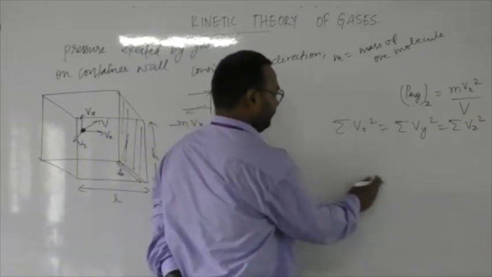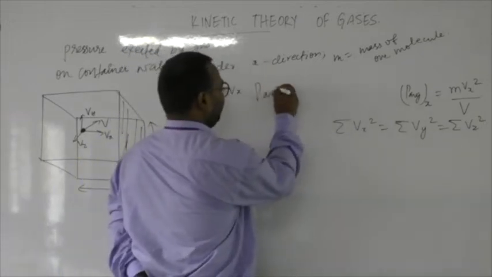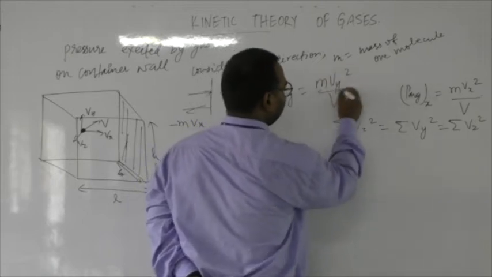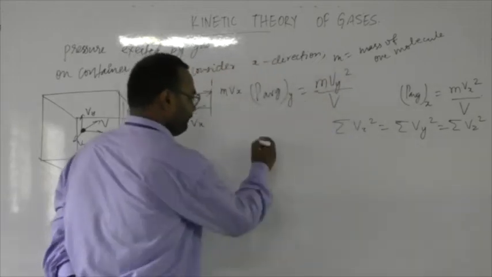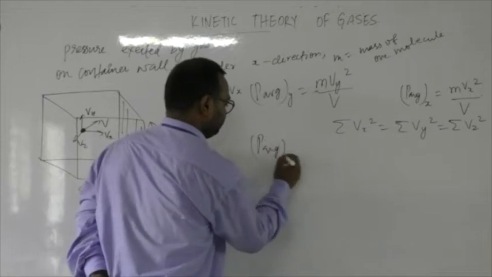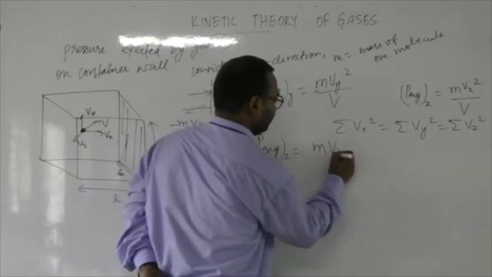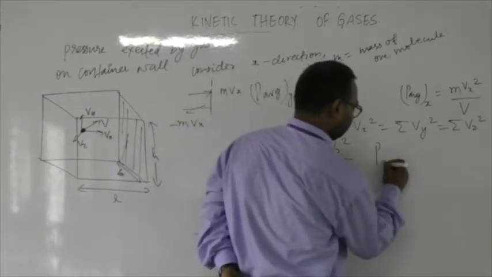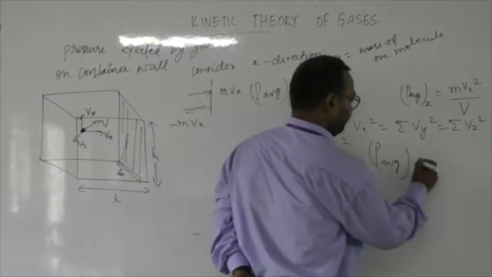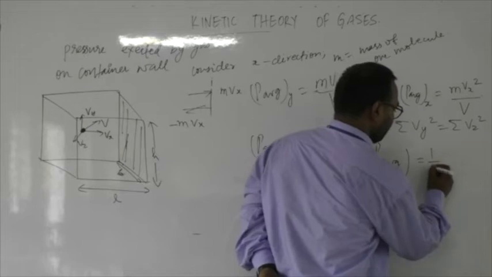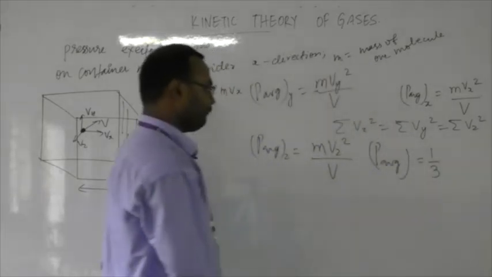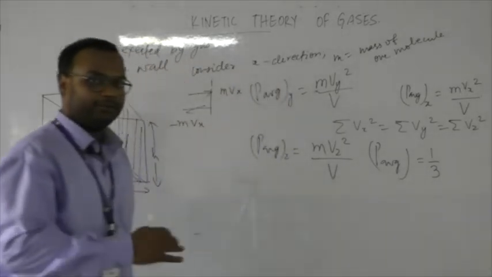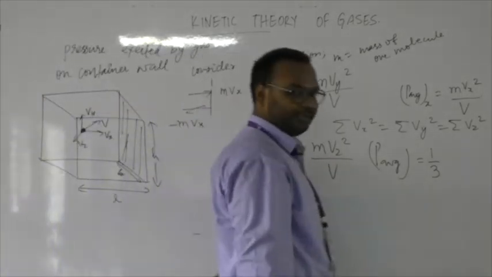That means P average along Y is mVy square upon volume V, and for Z also, mVz square upon V. So the total average you can write as 1 by 3, because you can write Vx square or Vy square or Vz square as the mean of Vx square plus Vy square plus Vz square.